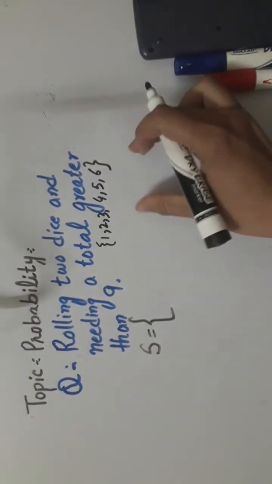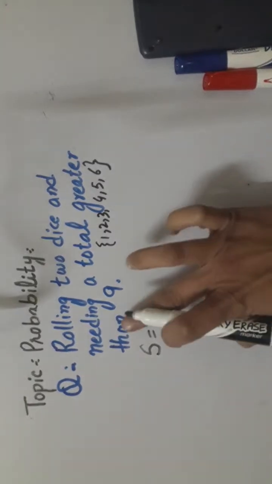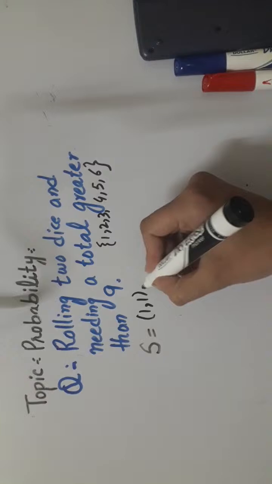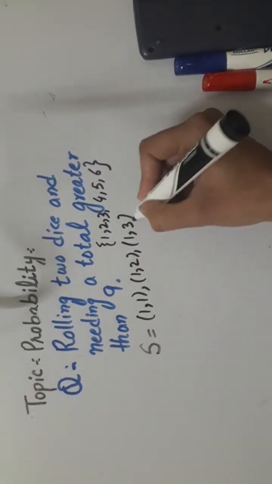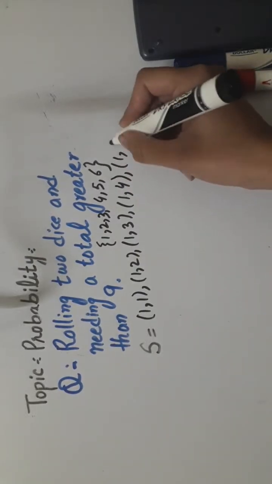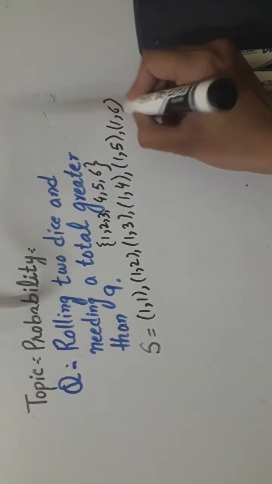So when 2 dice are rolled, the sample space will become 1 and 1, 1 and 2, 1 and 3, 1 and 4, 1 and 5 and 1 and 6.